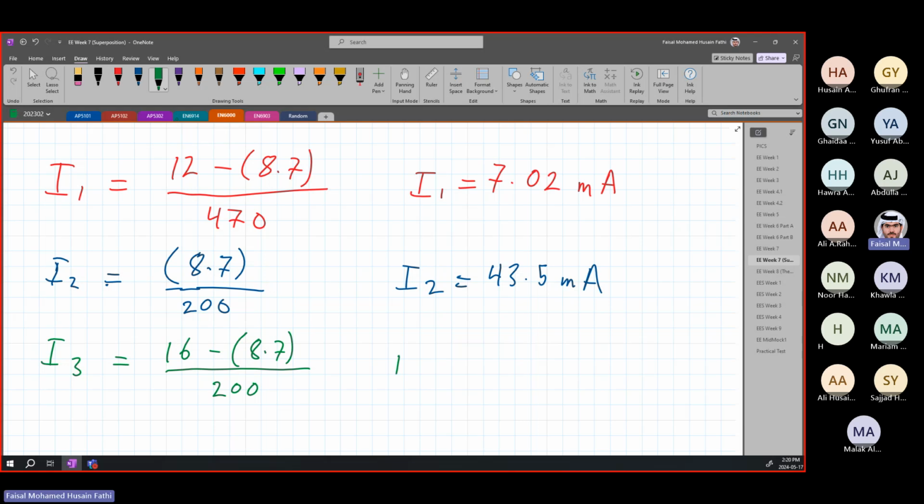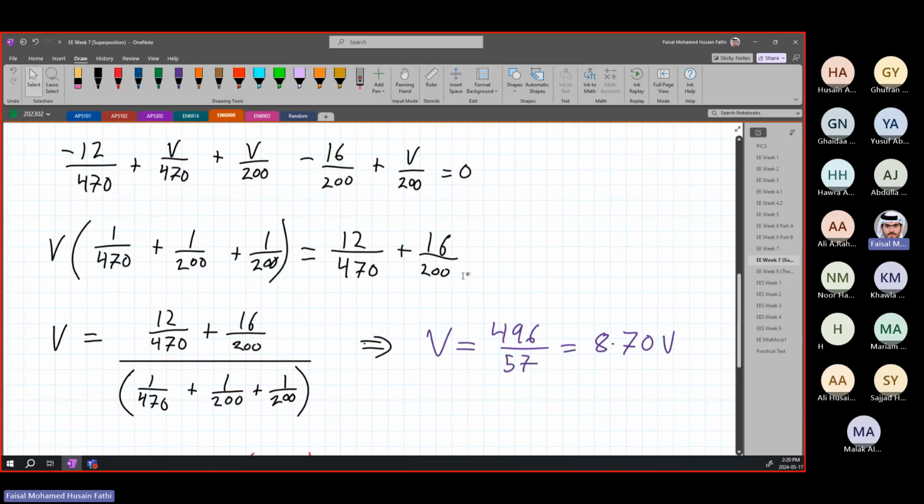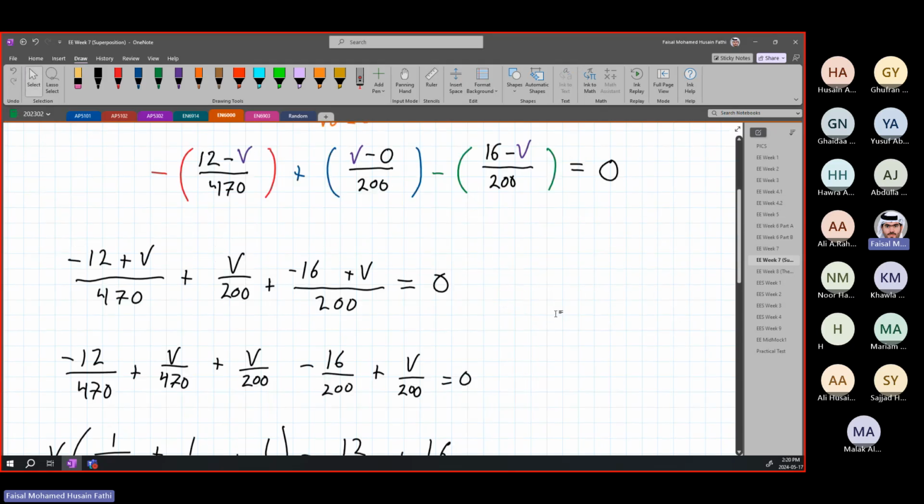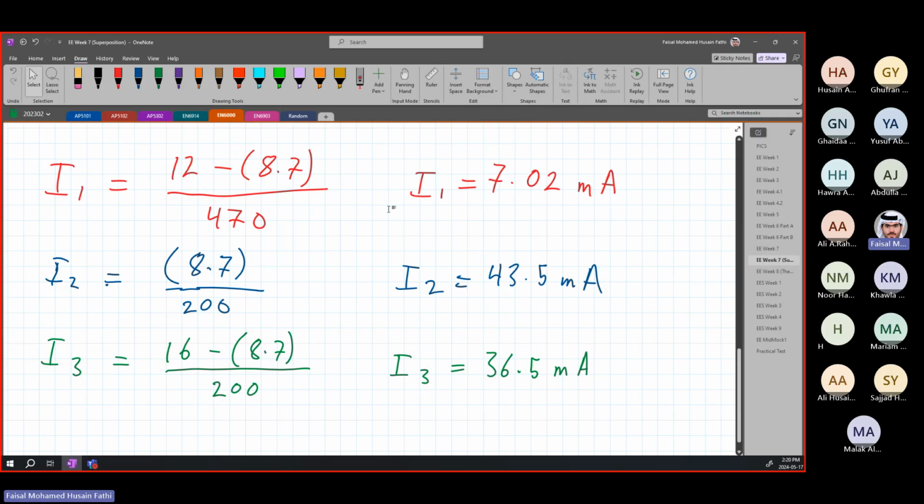And then I3, 16 minus 8.7 divided by 200, is going to be 36.5 milliamps. To double check if your currents are correct, you plug them into the KCL equation: minus I1 minus I3 plus I2 has to be equal to 0. And this is how you find the current for each one.